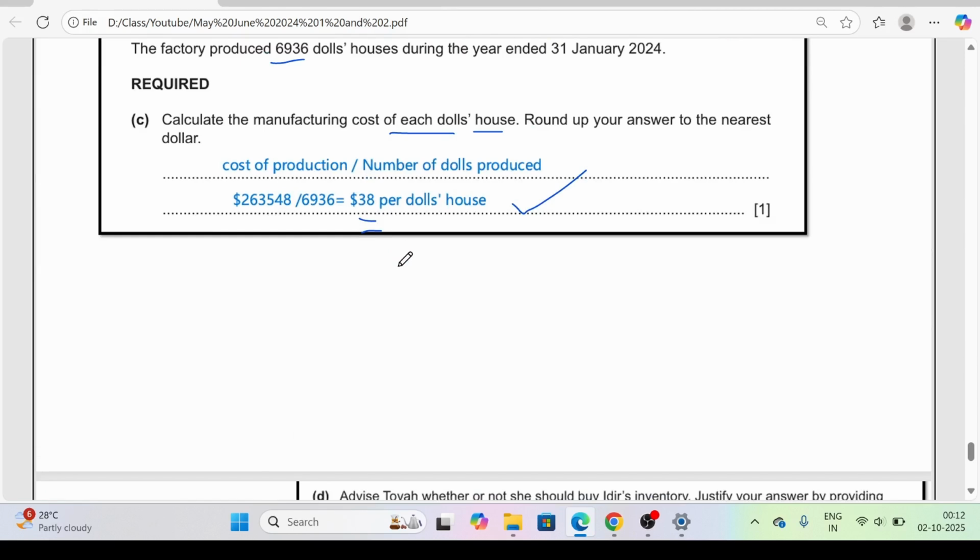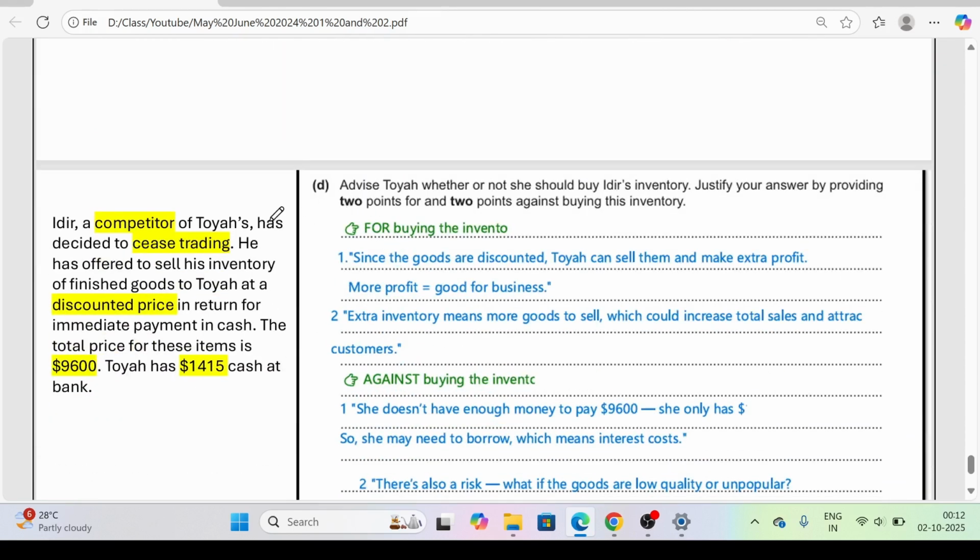Okay, so next we are moving to the last section D. A competitor of Toya's has decided to cease trading. He has offered to sell his inventory of finished goods to Toya at a discounted price in return for immediate payment in cash. The total price of these items is $9,600.